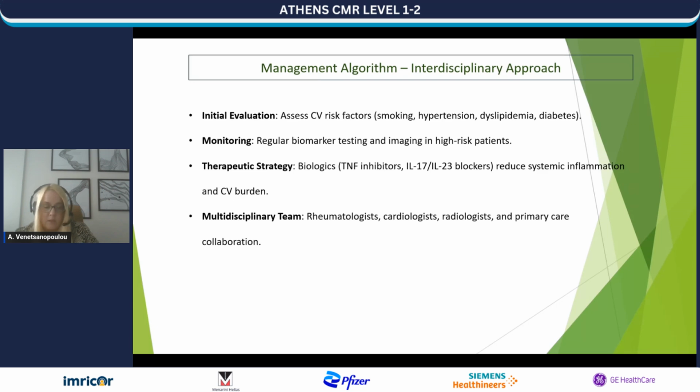For these patients, we monitor more closely with regular blood tests and imaging, and sometimes we use advanced tools like cardiac ultrasound to detect if there is something very early. The goal is simple: to catch problems before they become irreversible.